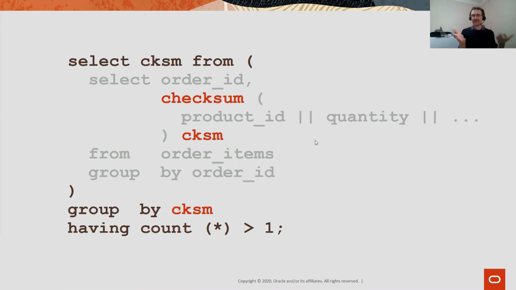You can use set difference operators, union, intersect, minus, in various combinations to do that comparison. But that only really works if you want to compare the entire data set. What if you want to check that for each individual customer, they have got exactly the same information within that table?